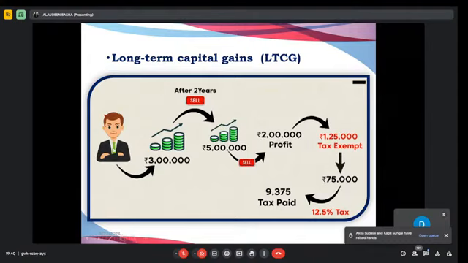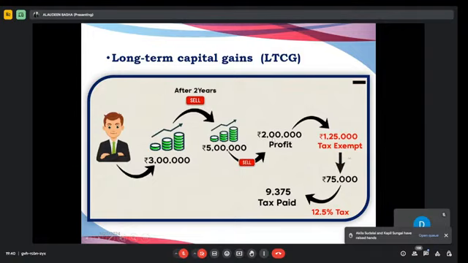So a person invests 3 lakhs rupees in equity mutual funds and after 2 years sells at 5 lakhs rupees. How much profit? 2 lakhs rupees. On this, they need to pay 12.5%. First, out of these 2 lakhs profit, the exemption is 1.25 lakhs. So 2 lakhs minus 1.25 lakhs is 75,000.